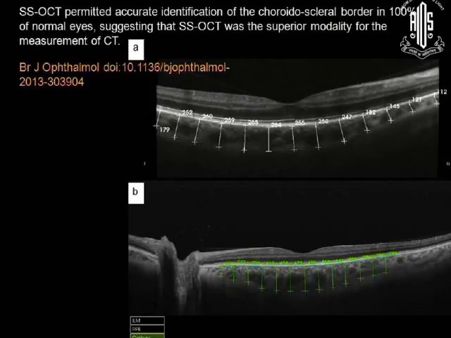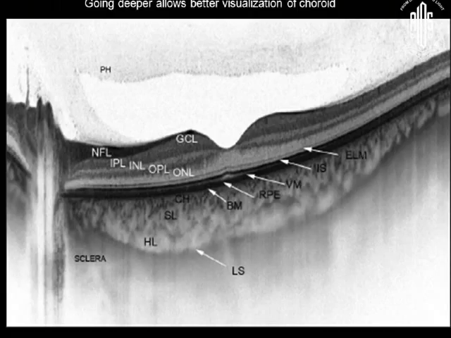So when we say the choroid is 406, it will depend on where I thought the junction was, because I am the one who decides this is the choroid-scleral junction, but somebody else may think otherwise. In swept source, we do not have this problem. You can see here is the junction, which is very well demarcated, and you can study the choroid as well as the retina.